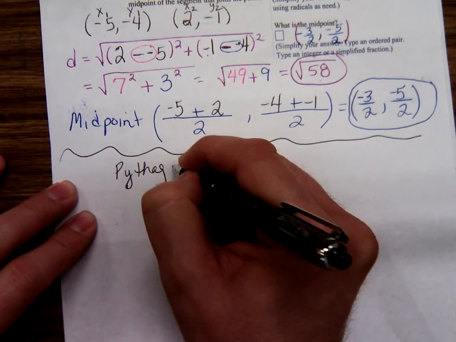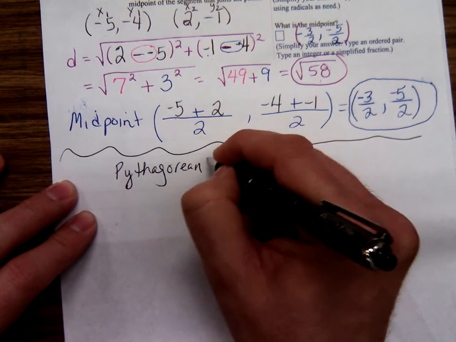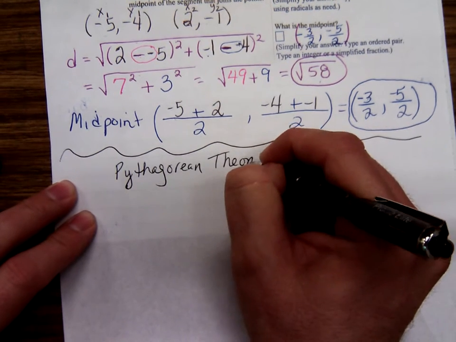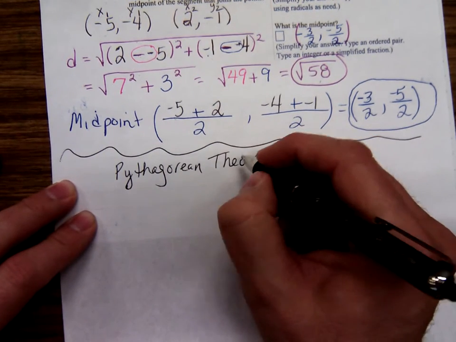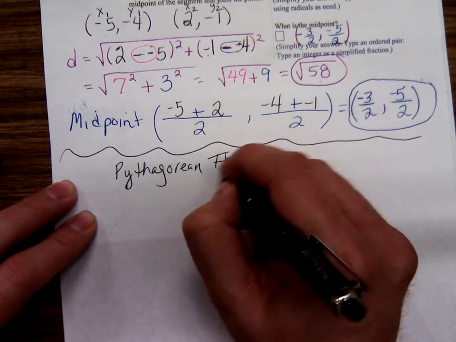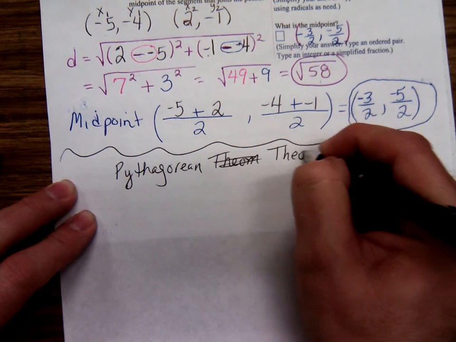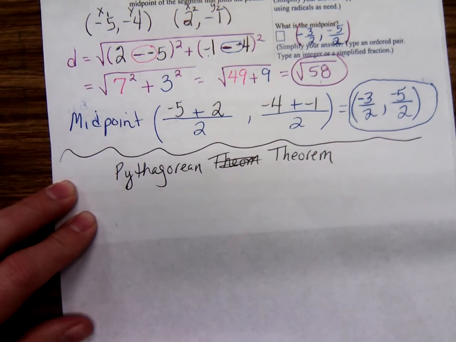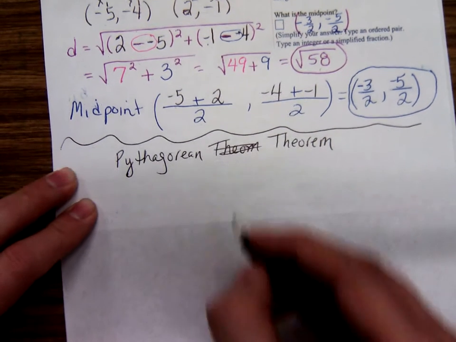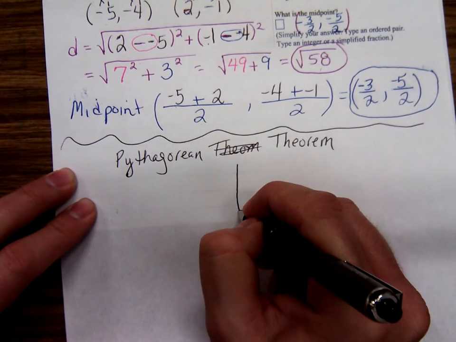Somewhere along your life, you had some geometry, and a teacher would have told you about the Pythagorean Theorem, if I can spell it right. Pythagorean Theorem, that has to do with the right triangle.